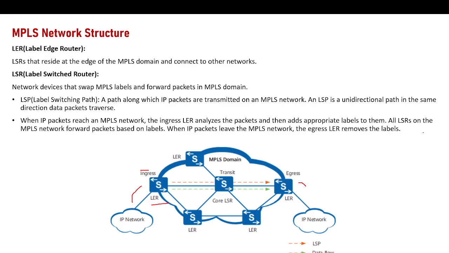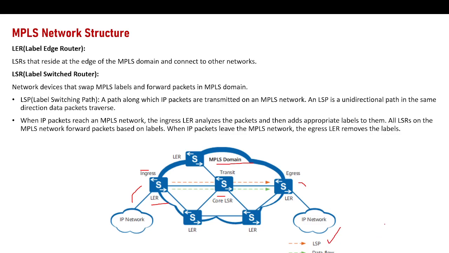Then you have the label switch router, that is the LSR. In the backbone network of the MPLS domain, you have the LSRs. They are the ones that will be performing the swap operation when the packet is flowing from one network to the other. And then we have the label switching path, which we are calling the LSP.